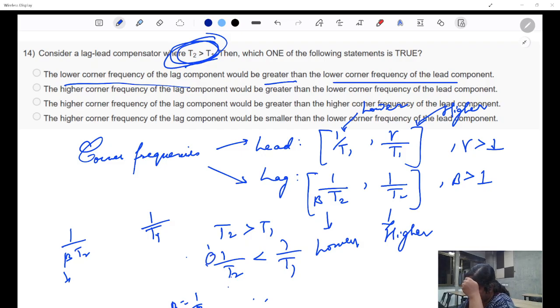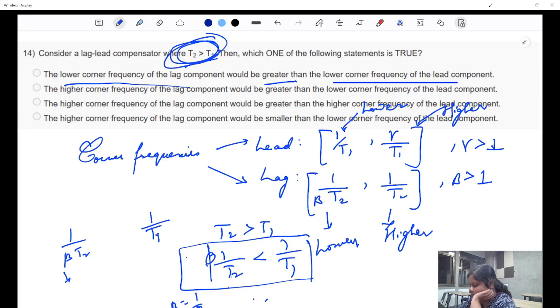So if I have phi over here and this phi lies in between 0 and 1, does this relation still hold true? If it lies in between 0 and 1, 1 by T2 is less than 1 by T1 for sure.